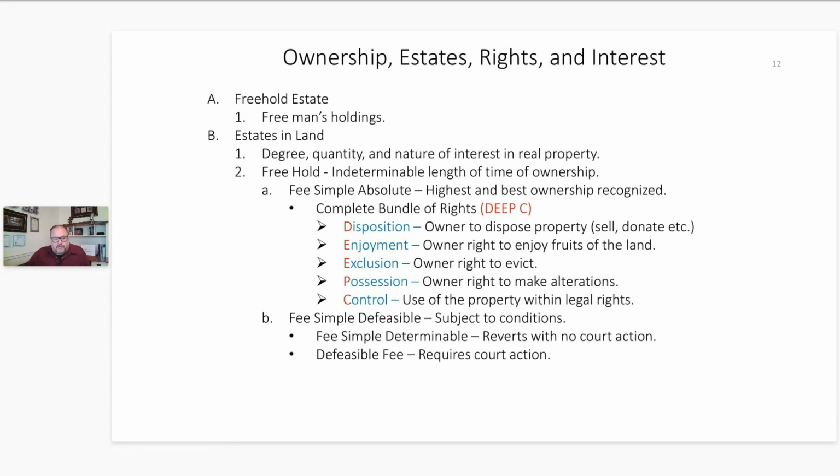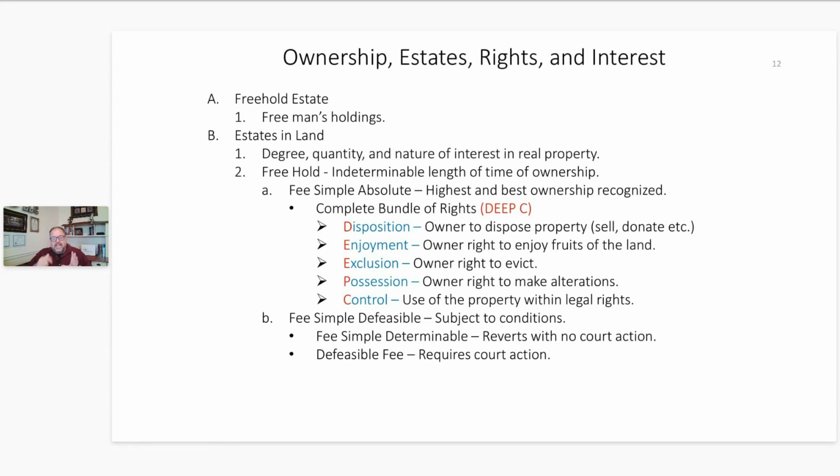Now, grantor, grantee. Listen to me carefully. The grantor, in this case, is going to have fee simple absolute, highest and best recognized. In other words, the grantor can dispose of that property under the common law of fee simple absolute however they want to. Sell it, donate it, gift it. That's called disposition.